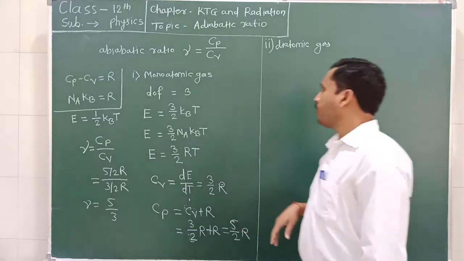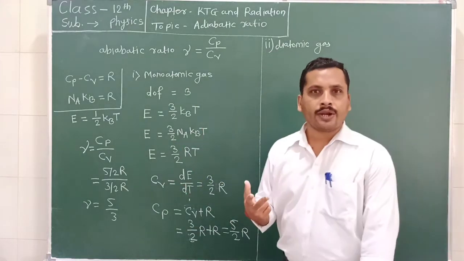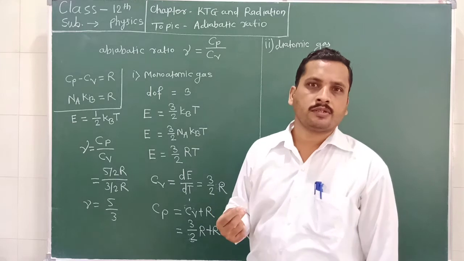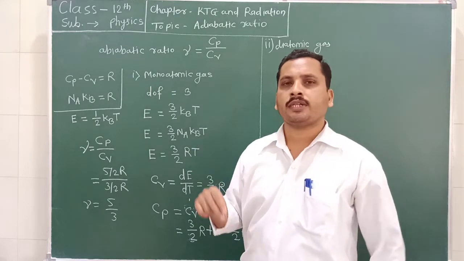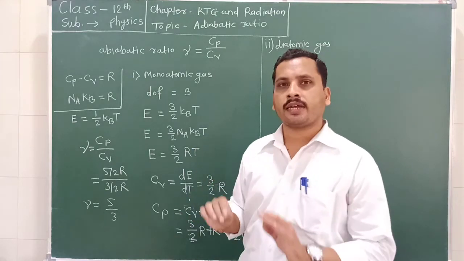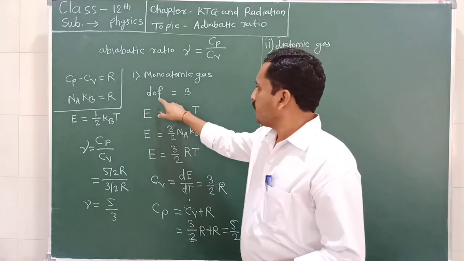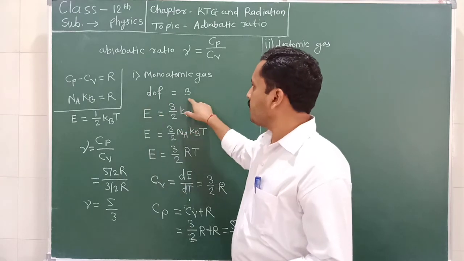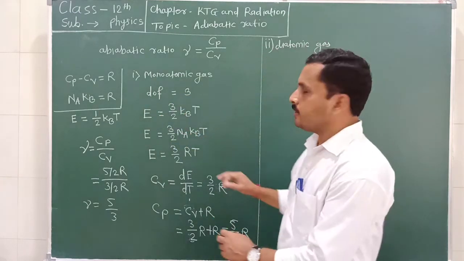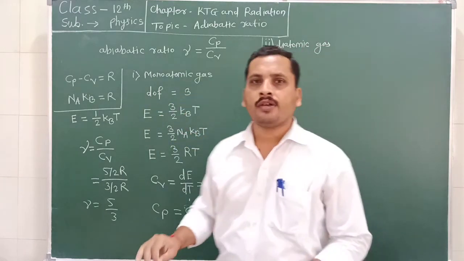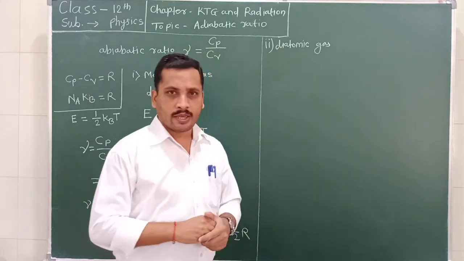In diatomic, the molecule contains two atoms, for example HCl, hydrogen, nitrogen. These are gases which are diatomic. As we determined the degrees of freedom in the case of monoatomic gas, in a similar way we can determine the degrees of freedom in the case of diatomic gas.